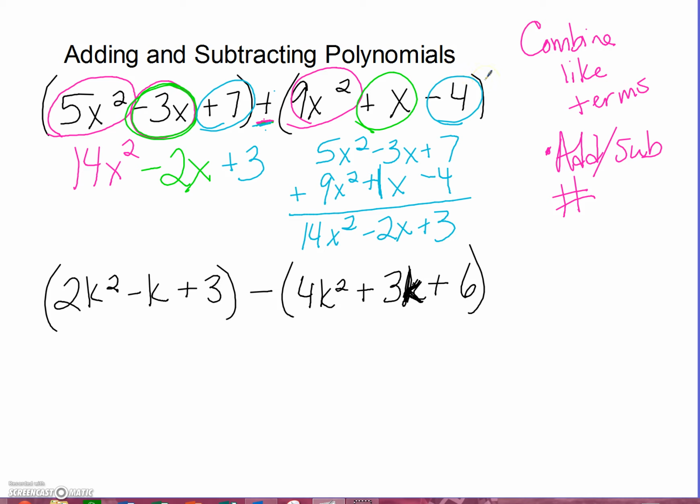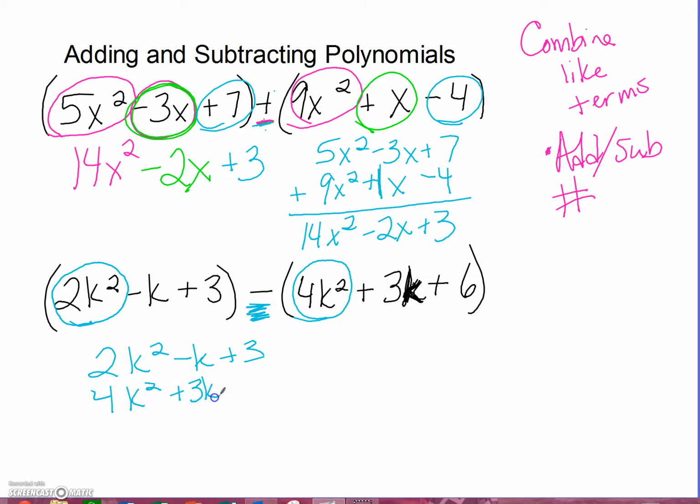Let's start here. We have another example, 2k squared minus, that's important here, 4k squared. I'm going to stack it up because I like it better that way. I'm going to look, are they in standard form? They are. So I'm in good shape. I'm going to subtract.